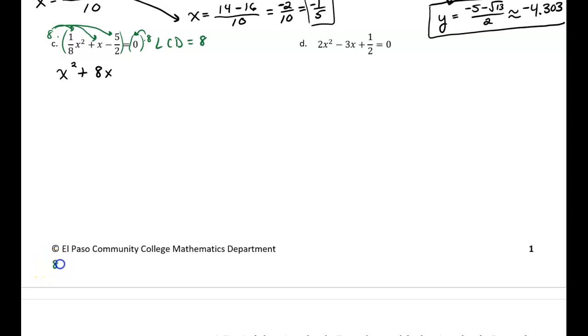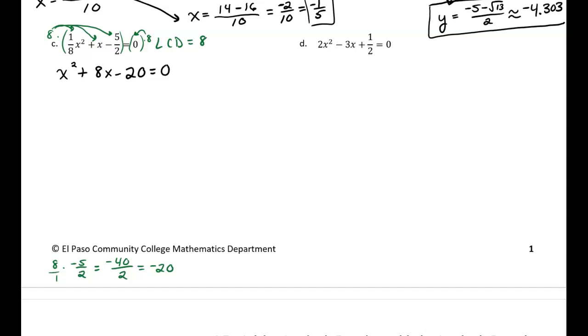We'll do that over here. 8 times negative 5 over 2. When I'm multiplying fractions, I multiply straight across. 8 times negative 5 is negative 40. Divided by 2 gives me a negative 20. So I have minus 20, and then 8 times the 0 is still 0.